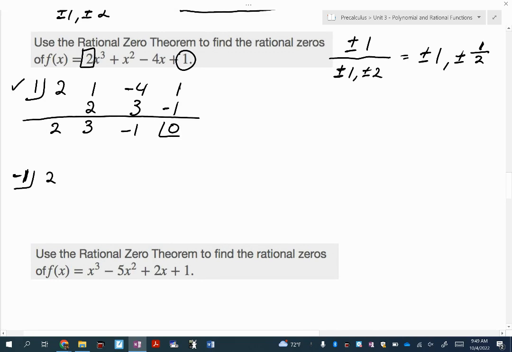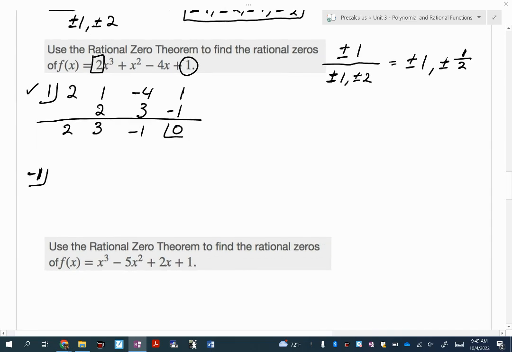So I have 2. Now, what I would say is you can go back to the original. But if I'm doing this for real, you'll see later on when I'm actually trying to find all of the zeros, even if they're rational or not, I always tell students just use what's remaining.